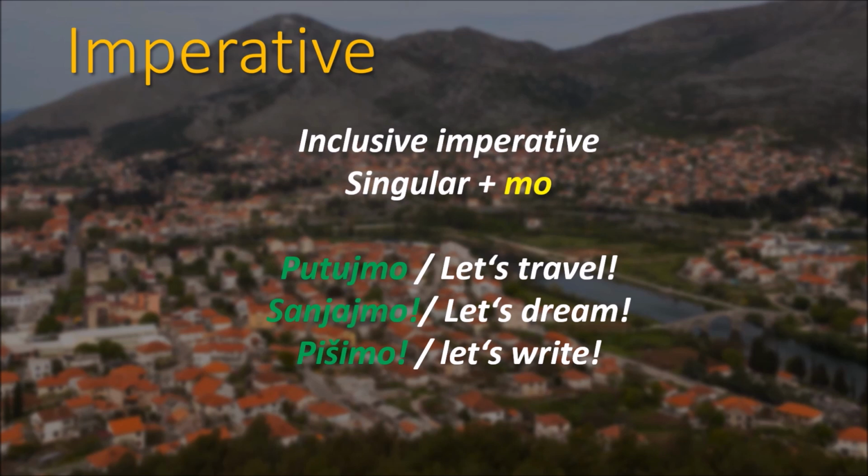In fact, this verb conjugates as pišem, pišeš, piše, pišemo, pišete, and pišu. But in singular imperative form, this verb would look something like this: piši. And then as we use that piši and add mo, we have pišimo, let's write.